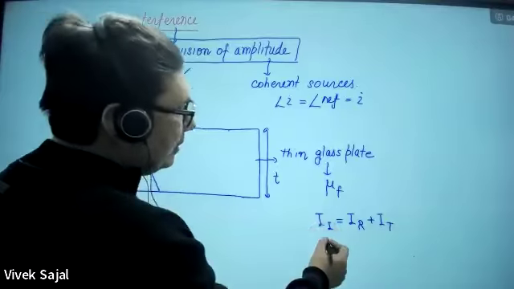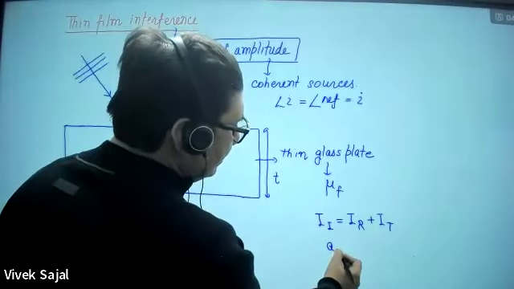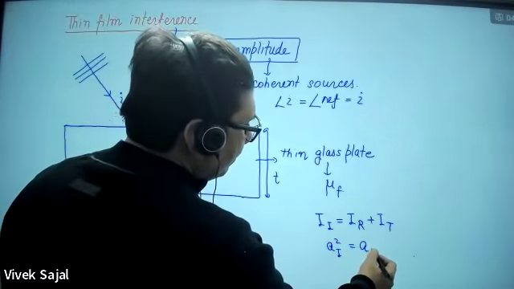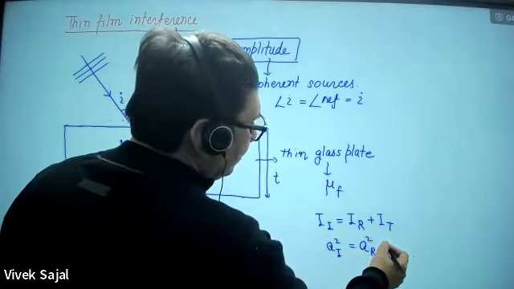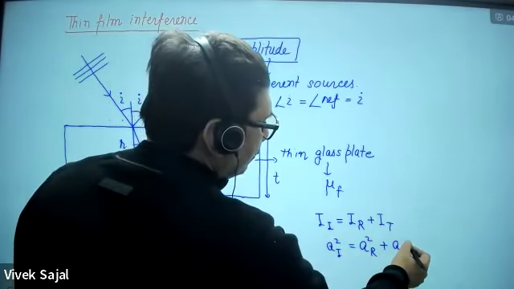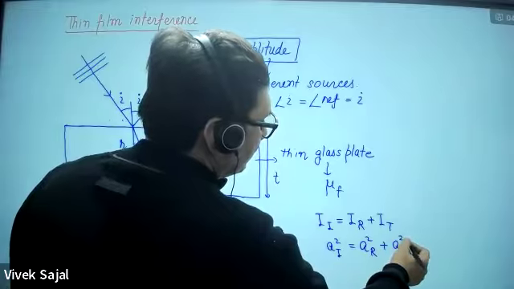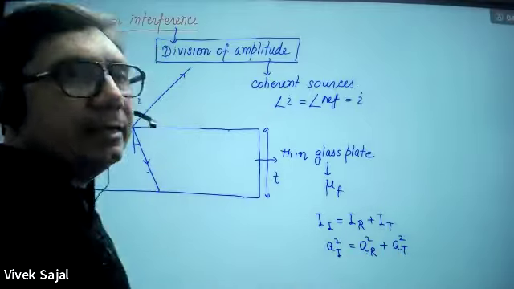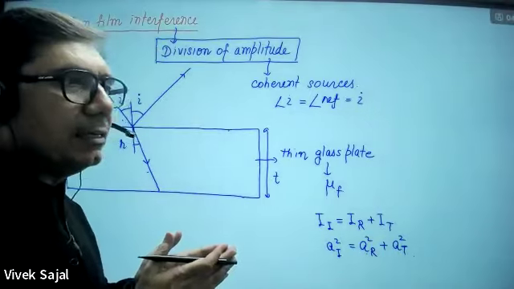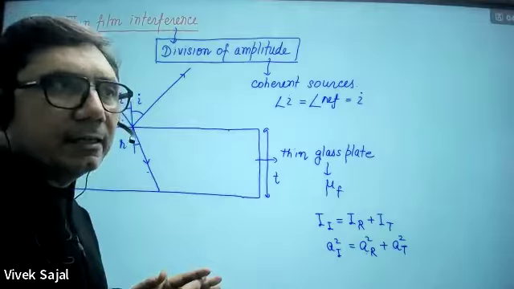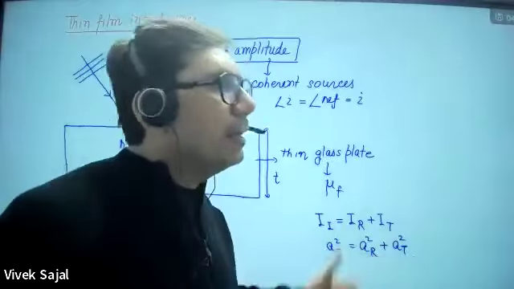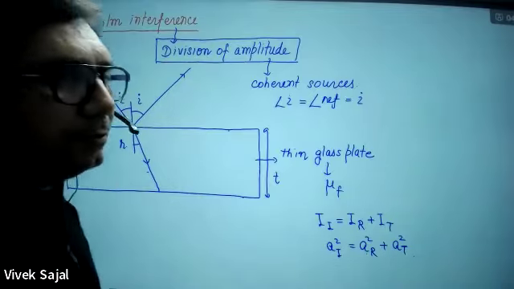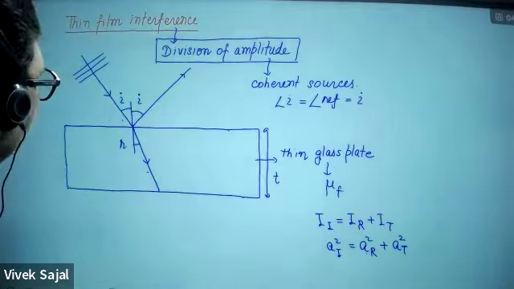So its intensity will be AI squared, amplitude of incident wave squared, equal to AR, amplitude of reflected wave squared, plus AT, amplitude of transmitted wave squared. So in this way intensity is divided, but because intensity depends upon the amplitude, we are calling it division of amplitude.